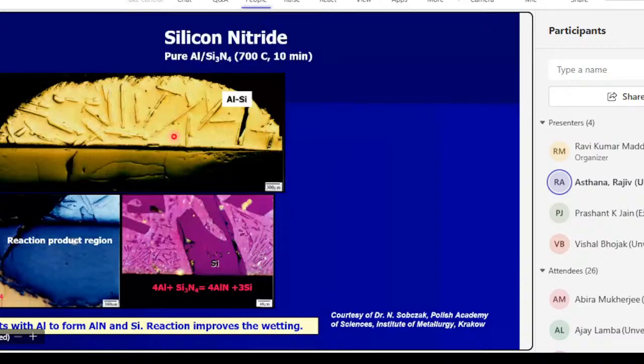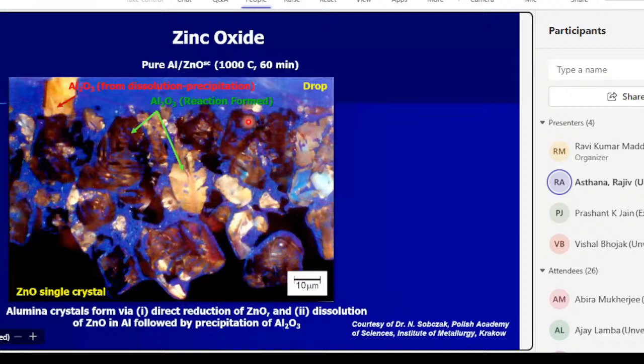These are the newly formed aluminum oxide crystals inside the initial zinc oxide single crystal. So this is another complexity that plays into the system, because you had a single crystal here, and now it is no longer a single crystal because of the reaction. And you have channels through which the liquid can be wicked, or it can seep through. You have roughness coming into the picture. So those things will modify the spreading behavior.